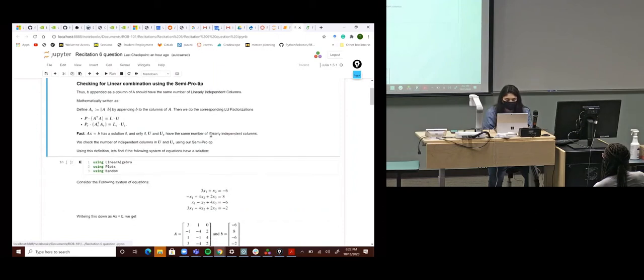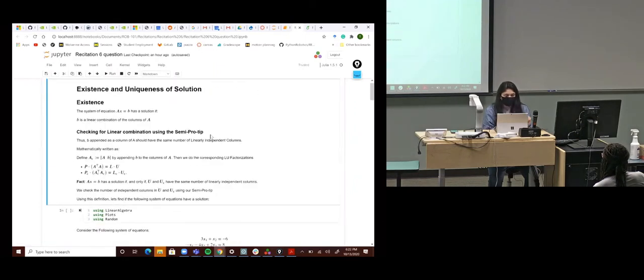How do we do that? So we look at this and we go, okay, now that we've added, we call this AE, a new matrix, which is just all the columns of A with an added column B, and I'm going to check the number of linearly independent columns in A transpose A and AE transpose AE.